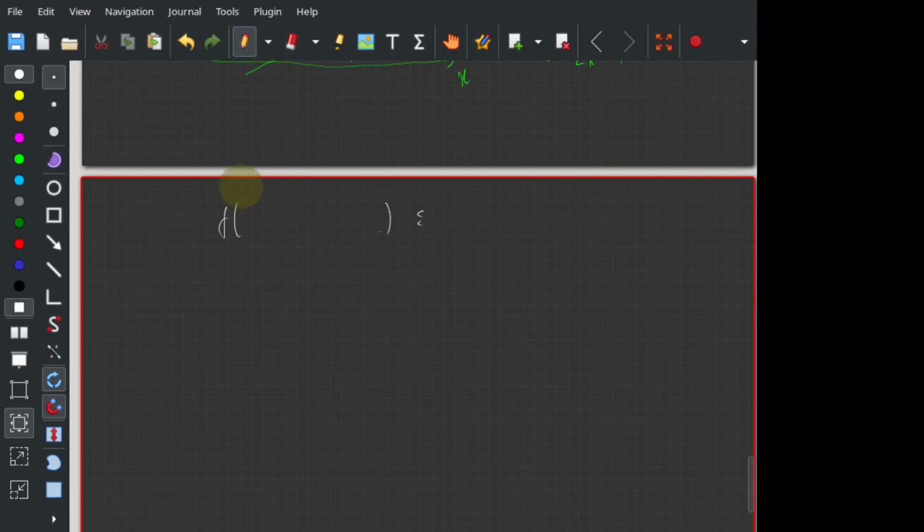I'm going to say f of theta x2 plus 1 minus theta x1 is less than or equal to theta f of x2 plus 1 minus theta f of x1. I just swapped x1 and x2 for a special reason.